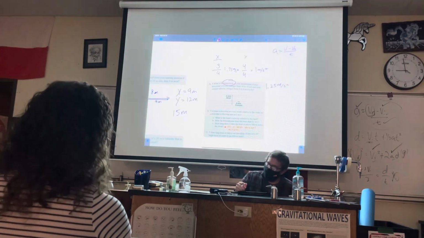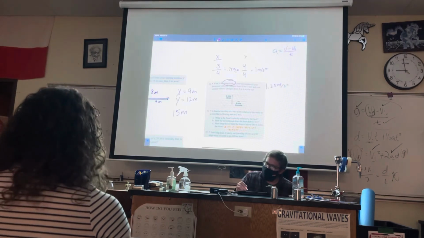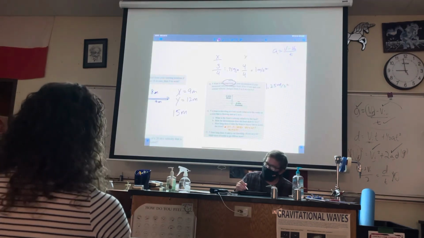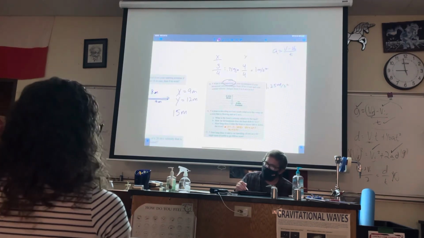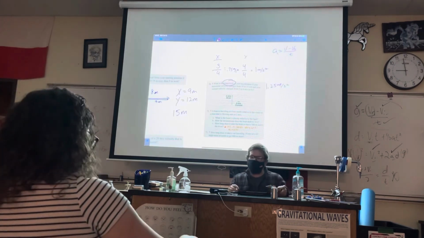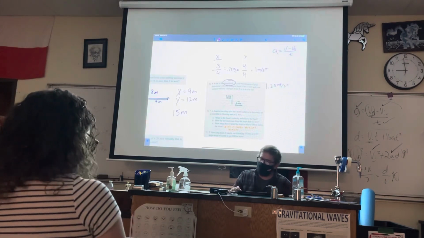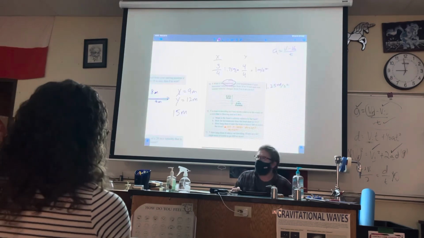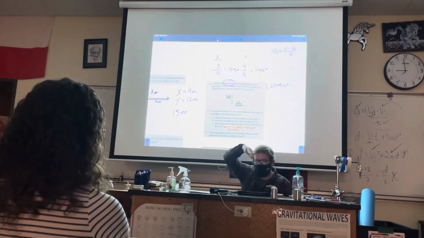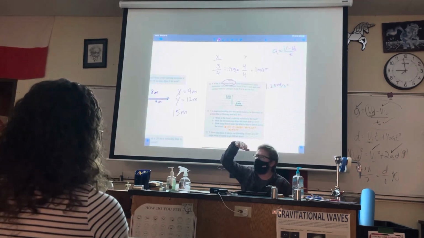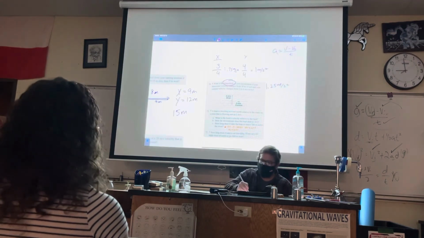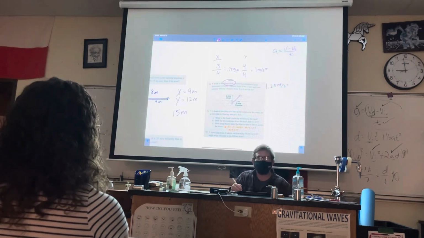All right. A boat is traveling at 4 meters per second north relative to the water that is flowing at 2 meters per second. A, what is the boat's velocity relative to the land? Okay, so what does that mean? What is it asking? If you're looking at this boat from above, what's the boat going to be doing? It's going to be kind of cruising off in this direction, right?